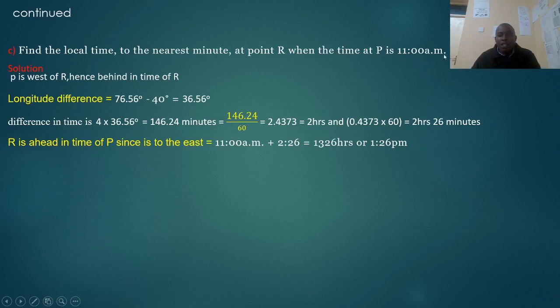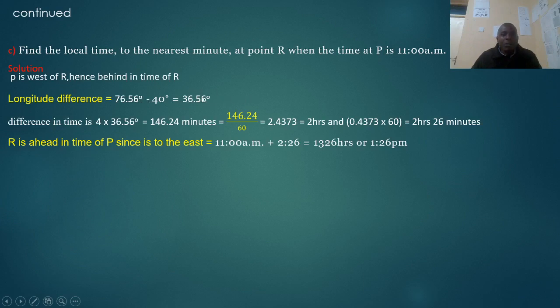Now, for us to get the time difference, we first of all calculate the longitude difference. Remember the longitude we have got is 76.56, and the other longitude is 40 degrees. So we subtract, because they are both at the east, to get the longitude difference, which was 36.56.